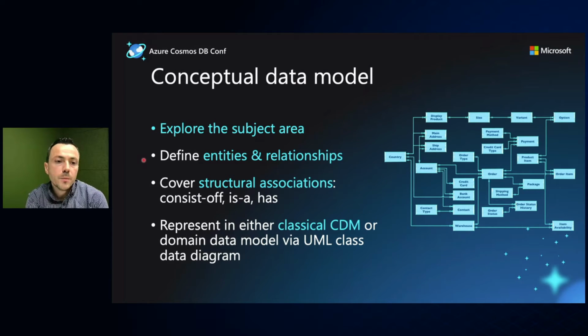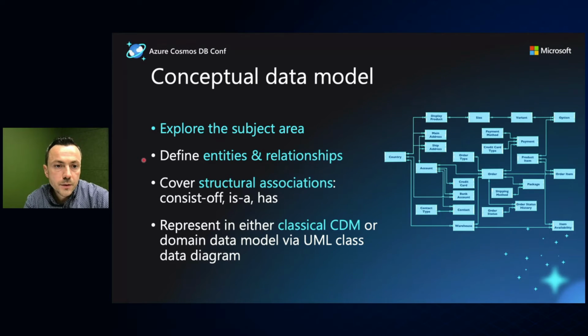Here we are talking mainly about structural association. And in terms of reflecting this data model, we can use different options. We can use a classical database conceptual data model using different notations, and you can see in this example Crow's Foot notation, or we can use also a UML class diagram.